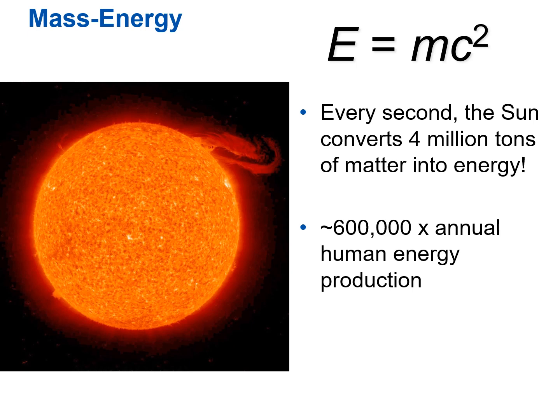Well, inside stars like our sun, we're talking about a large amount of matter, 4 million tons every second. It gets turned into a very, very large amount of energy. In fact, every second that goes by, the sun produces roughly 600,000 times the annual human energy production over the entire Earth. Every second that goes by.